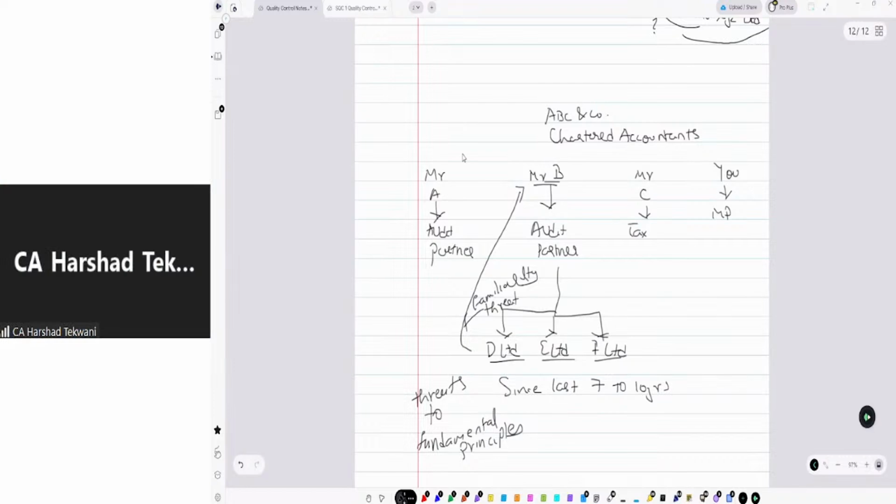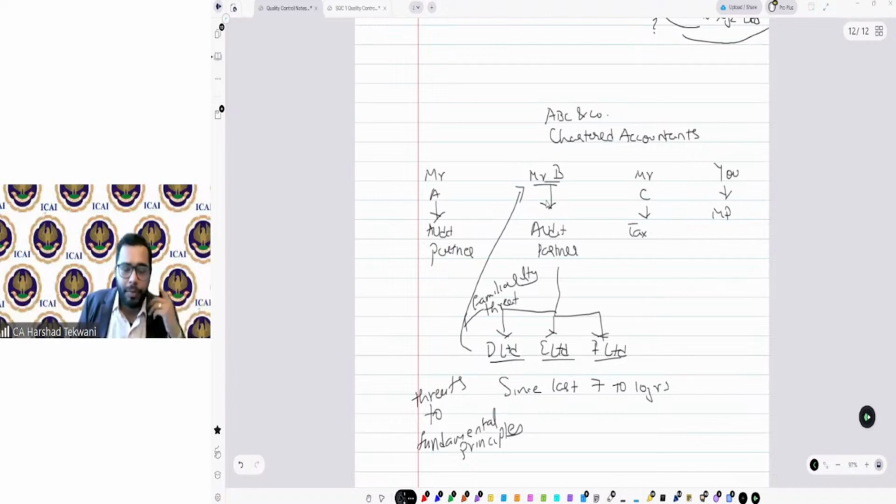If yes, then what is that mechanism? How is that mechanism there? That is a very good question, and that is a question to be asked.